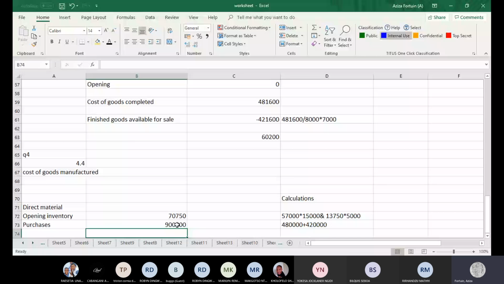So 290 plus 250 is the 540. It's 540,000. Yep.